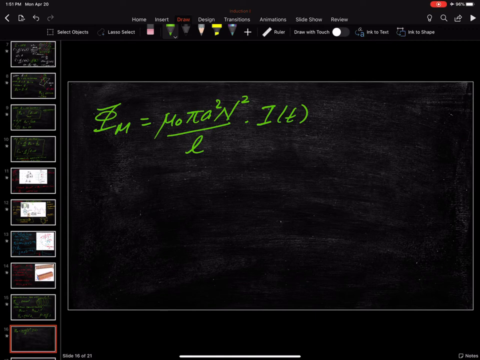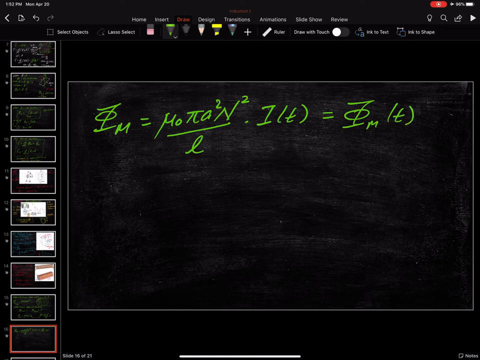And this does depend on time because the current depends on time. So this is my phi magnetic as a function of time.